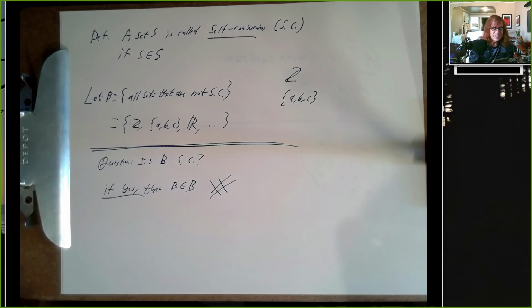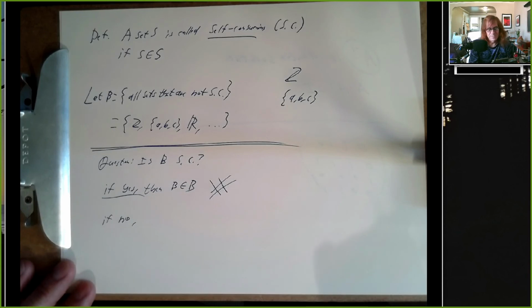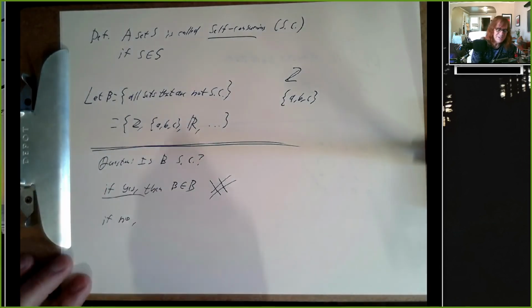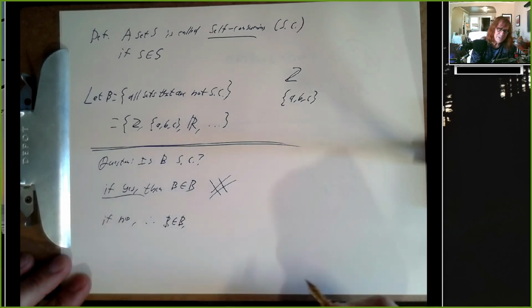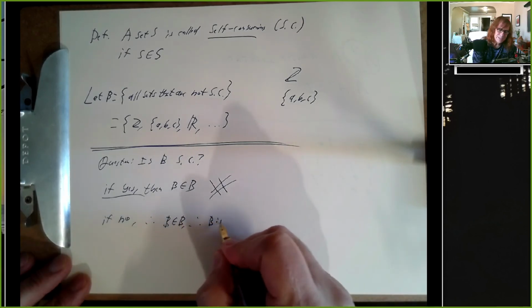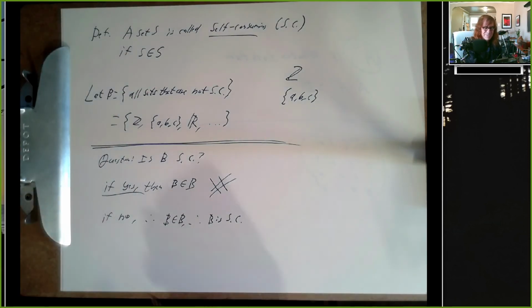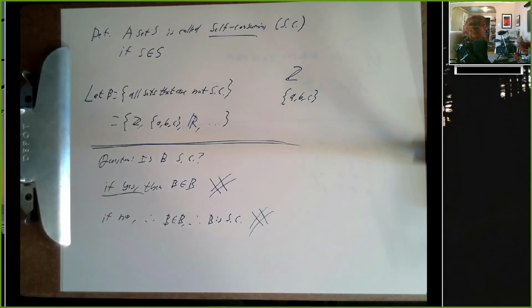Since B cannot be self-consuming, we must assume, therefore, it's not self-consuming. Well, if it's not self-consuming, then it should be in this set B, because B contains all the sets that are not self-consuming. So therefore, B is contained in the set B, and therefore B is self-consuming, because that's what it means to be self-consuming. And so if it is self-consuming, then it's not. And if it's not self-consuming, then it is. And so that's a paradox.